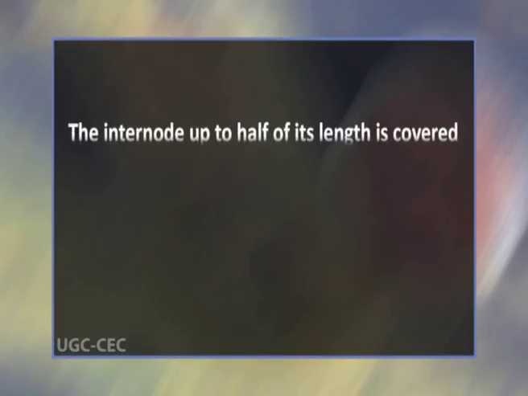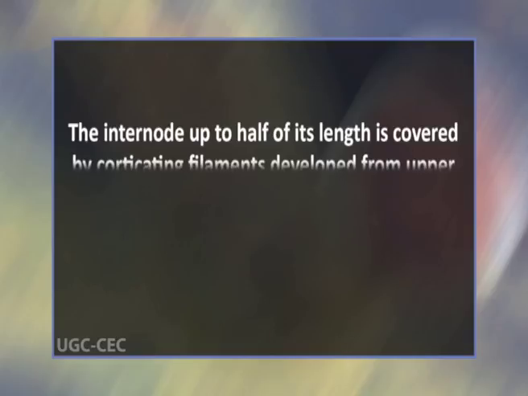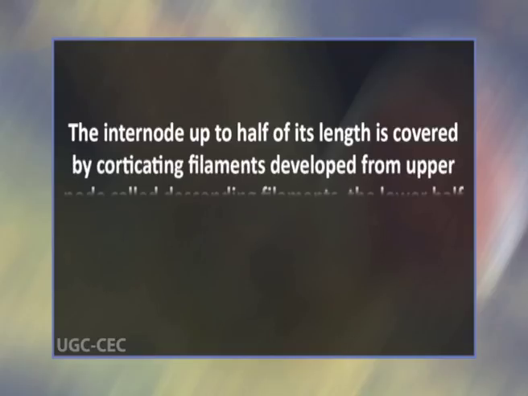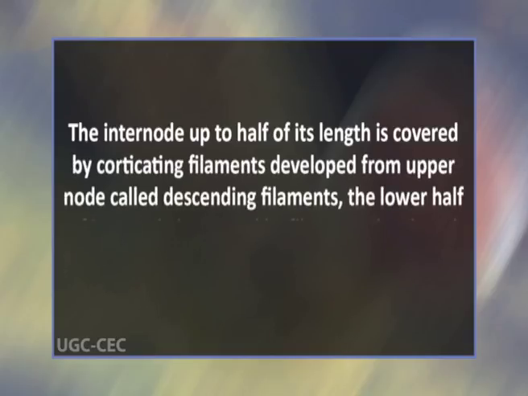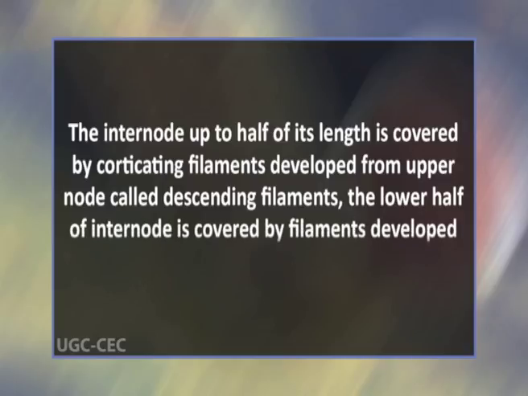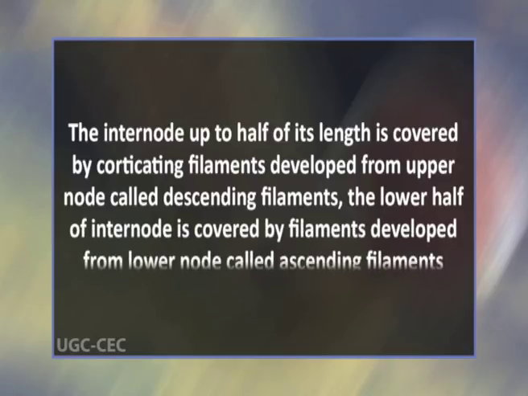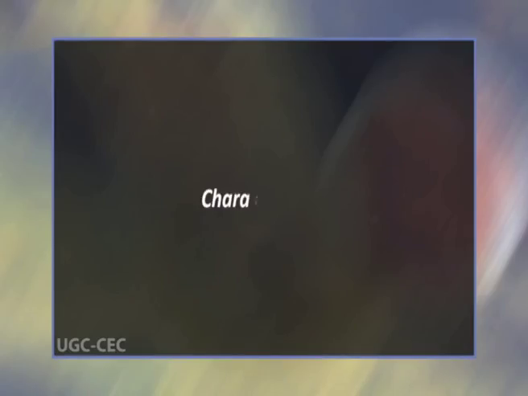The internode up to half of its length is covered by corticating filaments developed from the upper node, called descending filaments. The lower half of the internode is covered by filaments developed from the lower node, called ascending filaments. The ascending and descending filaments meet at the middle of the internode. The species without cortex, for example Chara corallina, are called ecorticated species.